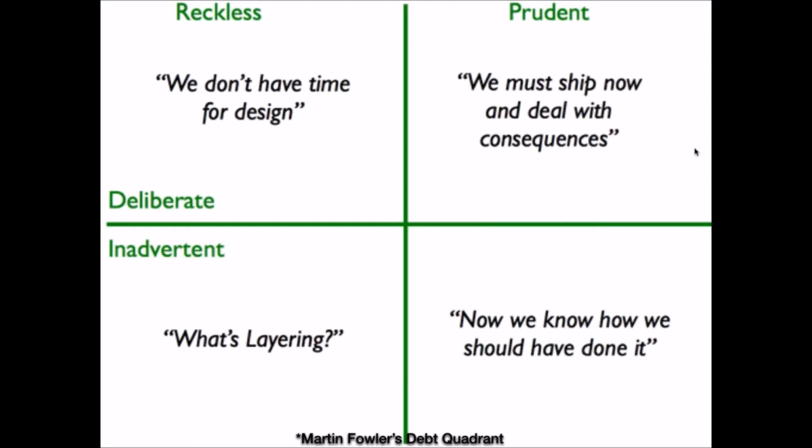Sometimes it's in the far right, upper right quadrant, where it's deliberate but prudent, meaning we really need to ship something for whatever reason, and we're conscious that it's not the best idea. We're conscious that our design doesn't quite match, but we'll go ahead and do it because we'll fix the problems later.